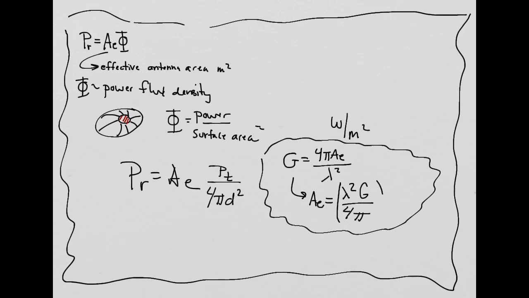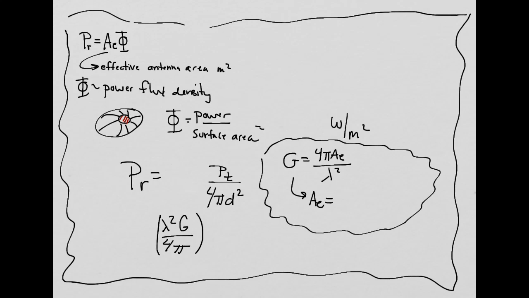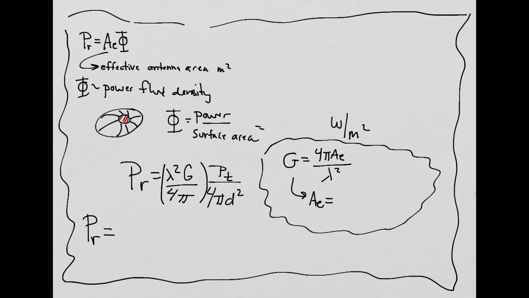Let's take this quantity here, and we're going to go ahead and substitute it for the value of AE. I should probably erase this AE, and then substitute in this value right there. We could do a little bit of bookkeeping, making PR a function of, let's put together anything that's squared.